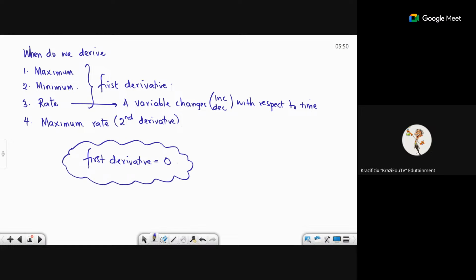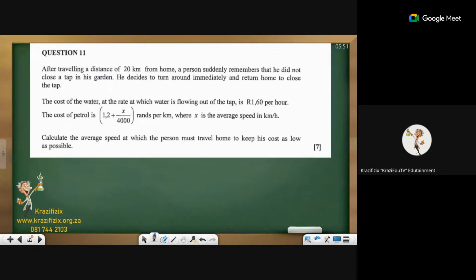All right, let's quickly apply all of this knowledge to some questions that we would be able to cover in the short time remaining. Look at this one. Please take your time to read. After traveling a distance of 20 kilometers from home, a person suddenly remembers that he did not close a tap in his garden.